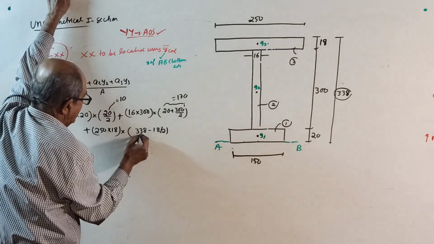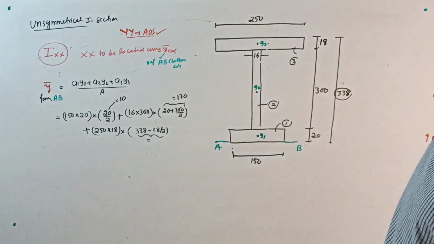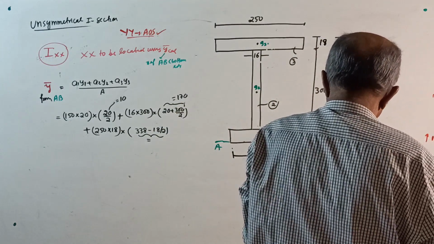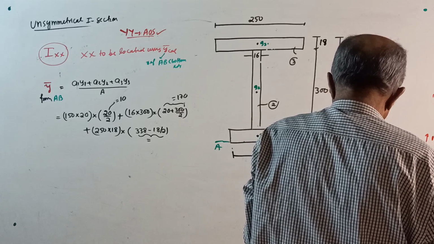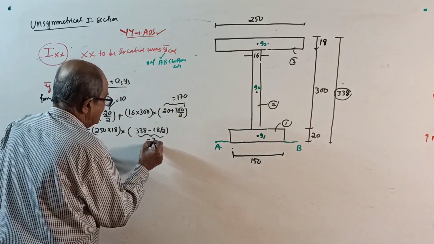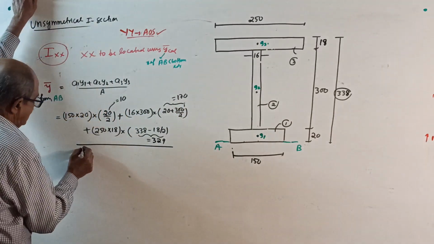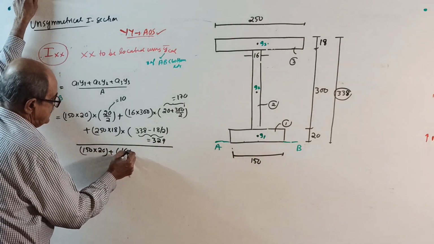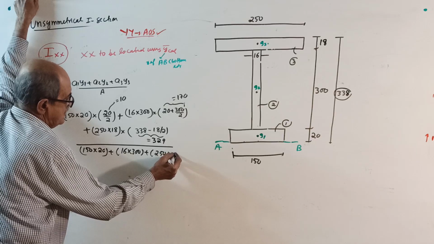See, that answer you require: 338 minus 18 by 2, that is 338 minus 18 divided by 2, which is 329. 329, very important. 329 divided by A1, 150 into 20, plus A2, 16 into 300, plus A3, 250 into 18.